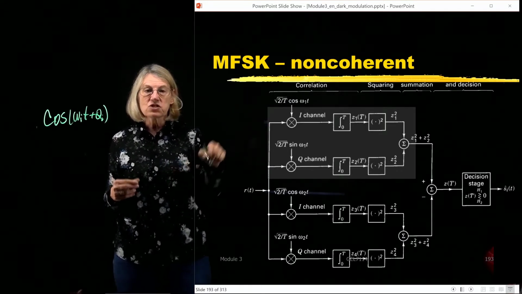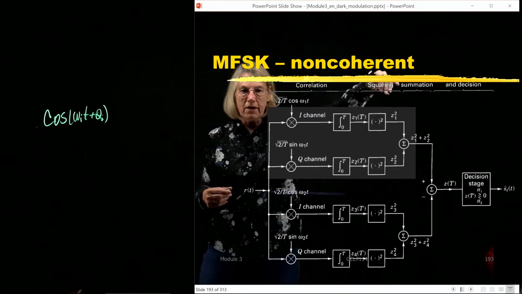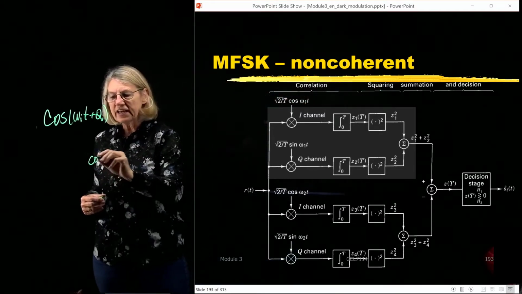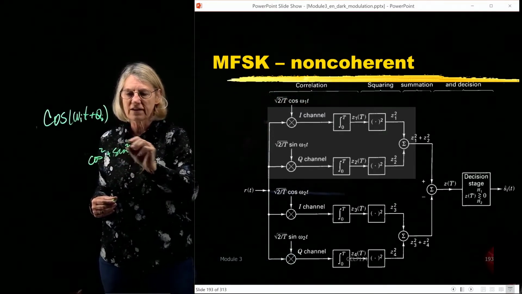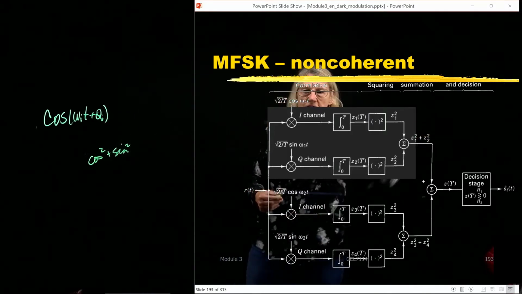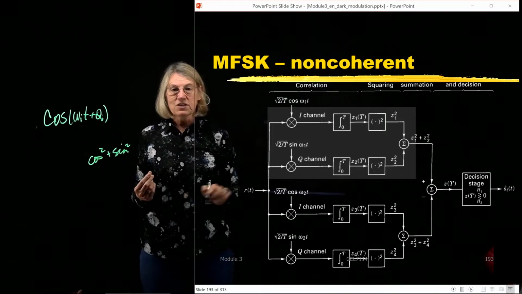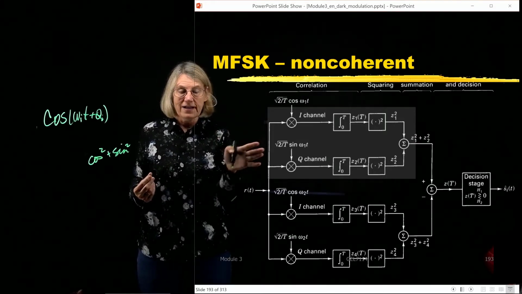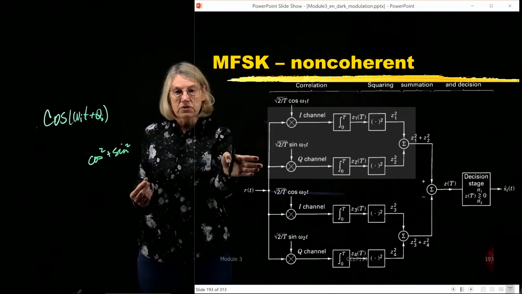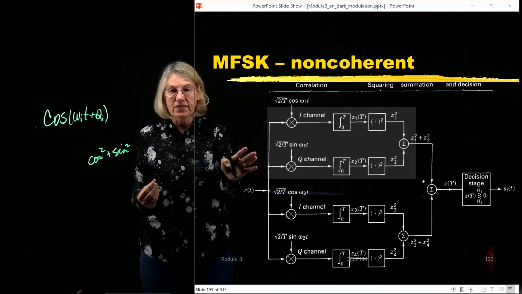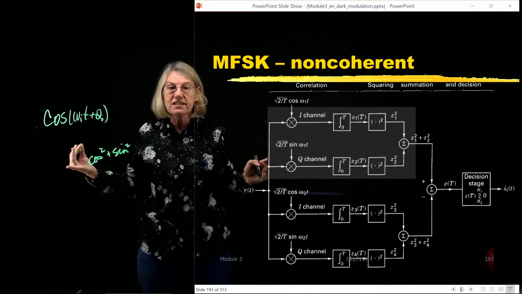But if I square them, if I do the squaring part here, that means essentially I'm going to get a cosine squared plus a sine squared at the end, because I sum them up over here. So when I sum them, that means that I'm always going to have energy. If the phase is turning, sometimes there's energy in one branch, sometimes in another, sometimes it's split between them, depending on what the phase offset is.